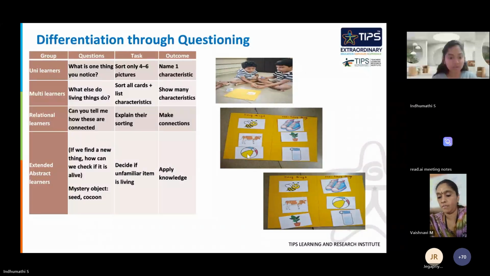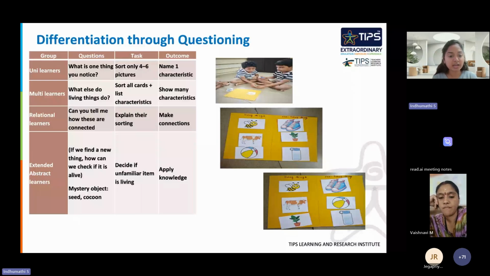Then I asked him, when you put the cow in the living things, what does a cow do? It drinks water, it makes sound, and it eats food. So now he came up with multiple characteristics of living things, and he can understand the many characteristics and list them.